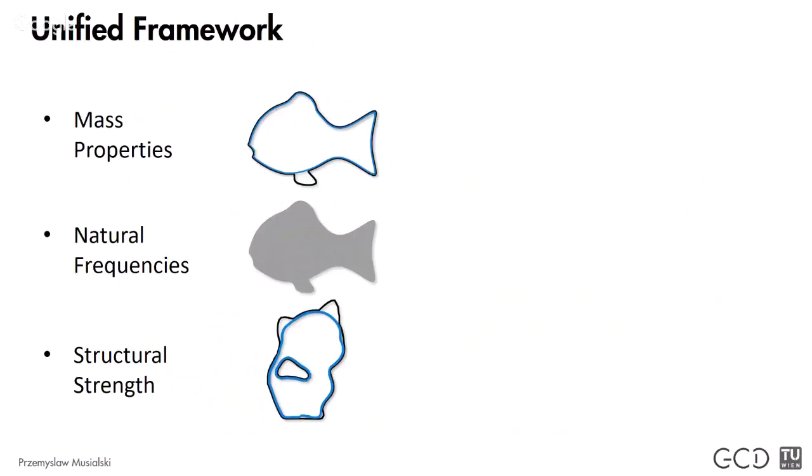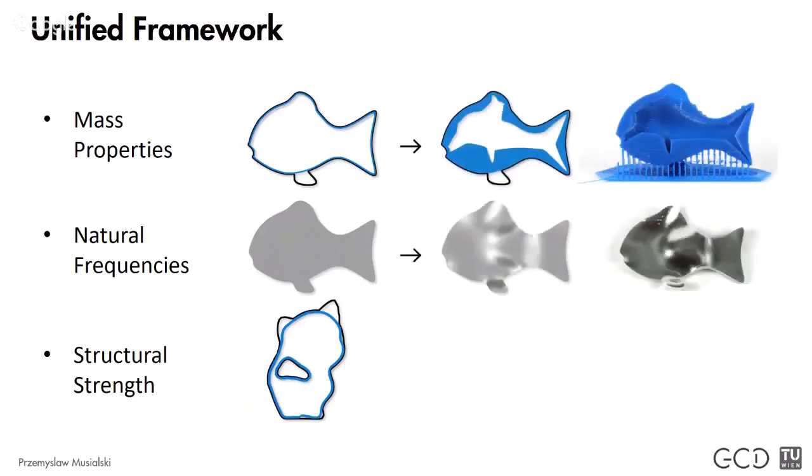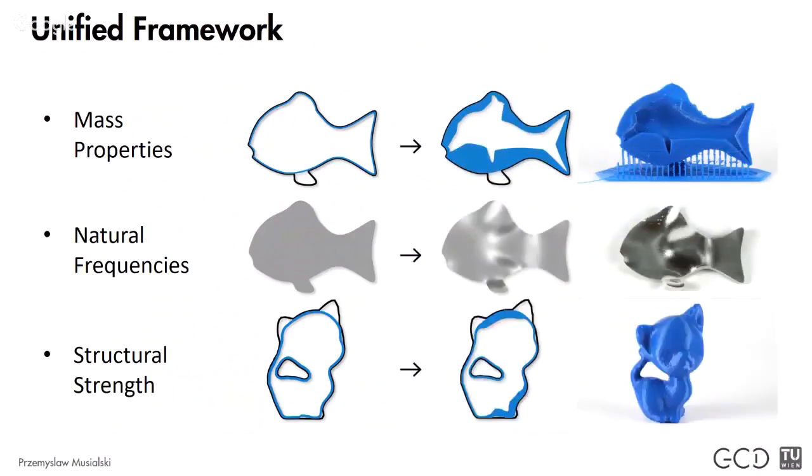And when you can control the vibration modes, you can control the sound. We have also looked at structural strength problems: how much load can an object bear, and can we optimize such properties too. And we came up with a more generalized solution with some improvements.